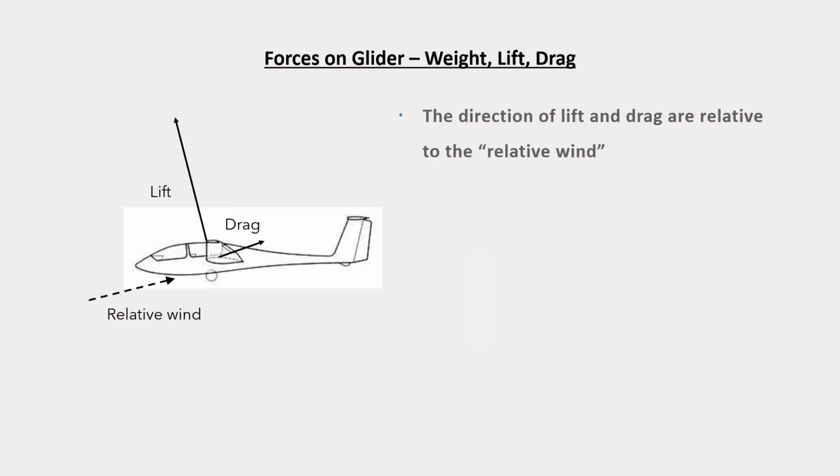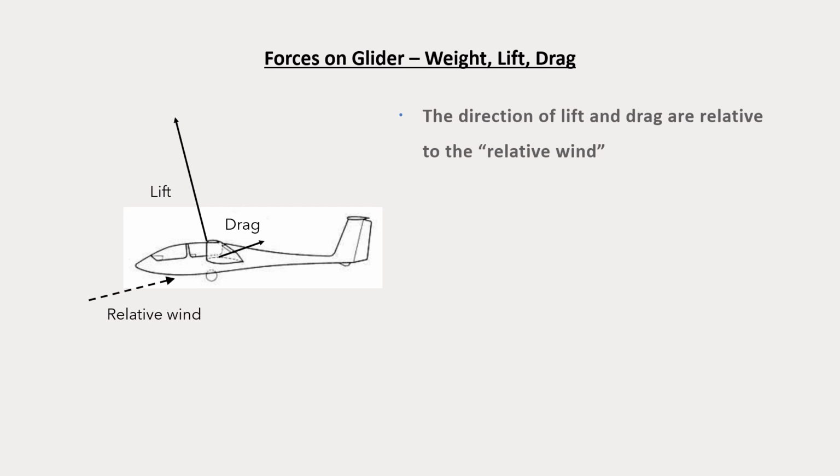So in a glider, we aren't moving straight forward through the air around us. We're always actually in a slight descent relative to the air that is around us. So we have to think of this concept called the relative wind, the direction that the air we are encountering is coming at us from.